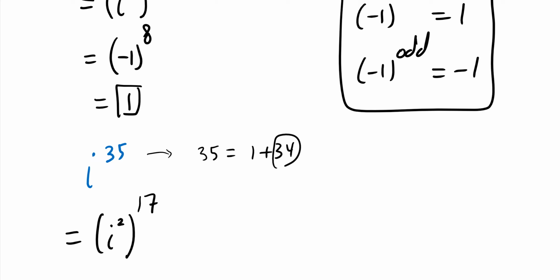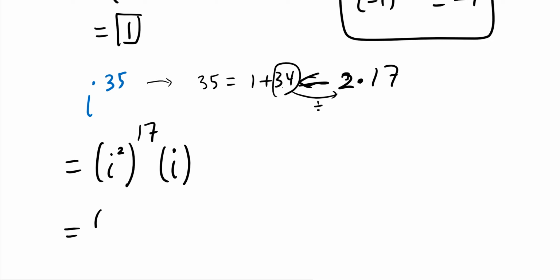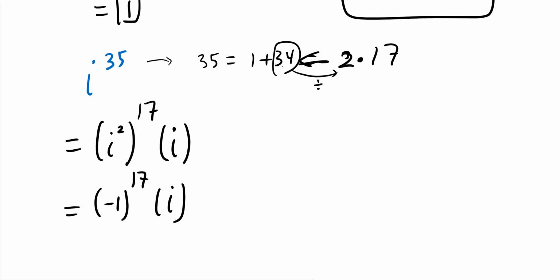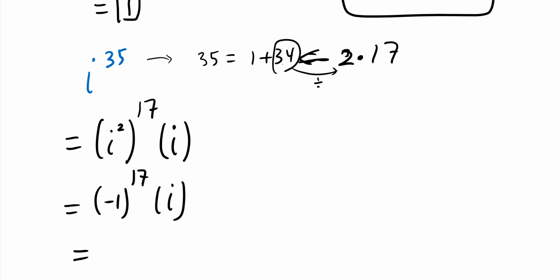So what two numbers have a product of 34? 2 times what number? It's 17, because 34 divided by 2 is 17. So that gives me 34. Then I still have one more copy to make it 35. So that's negative 1 to the 17th times i. Negative 1 to an odd power is negative 1, times i. So the answer is negative i.